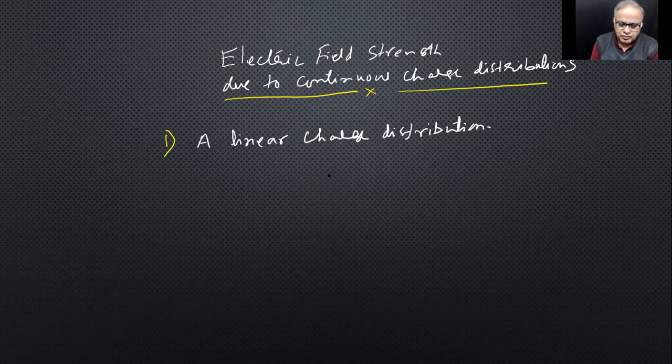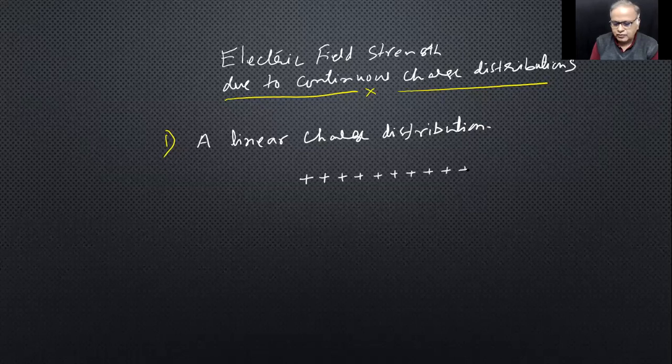I might show some positive charges lined up like this to form a line charge. Right now, I'm not saying whether this kind of line charge is formed on a metal wire or simply some positive charges were stuck on a plastic strand, plastic sheet, plastic ribbon.